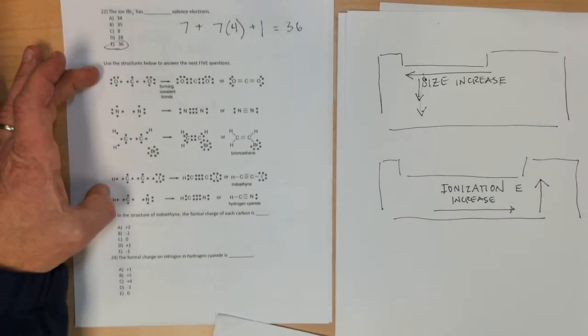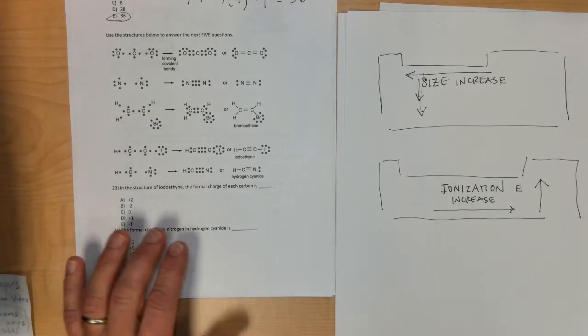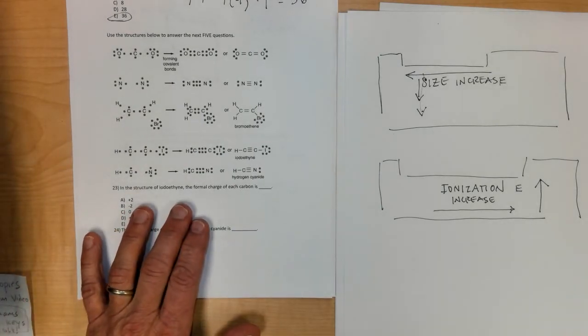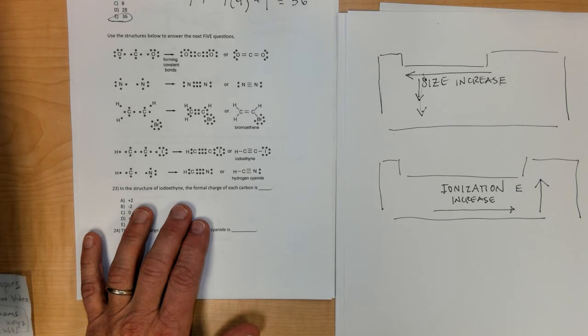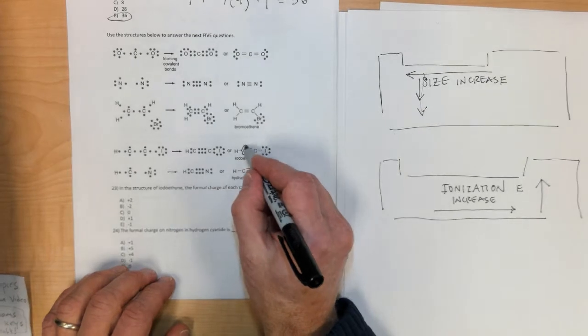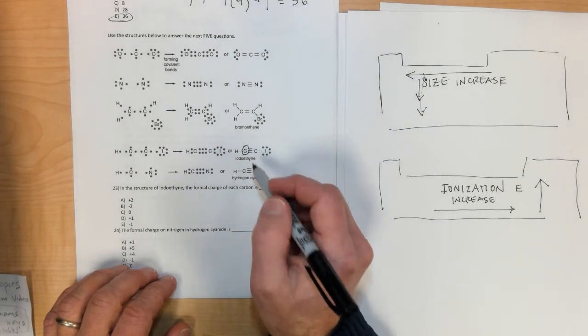Use these structures for the next number of questions. The structure of iodoethine, the formal charge of each carbon atom is, so here you can find the carbon atoms of iodoethine right here.